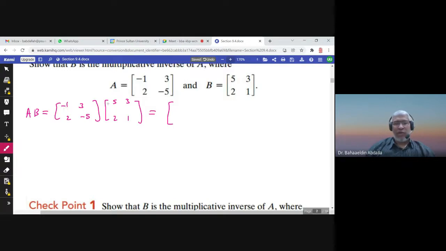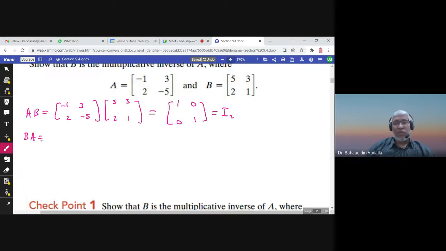Negative 5 plus 6, this is 1. Negative 3 plus 3, this is 0. 2 times 5 is 10 minus 10, this is 0. And 6 minus 5 is 1. So we get I2.